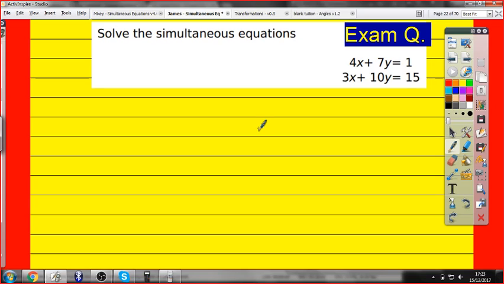So 4x. So you've got to times the top by 3, the bottom by 4. Okay. So then you get 12x add 21y equals 3. Mm-hmm.